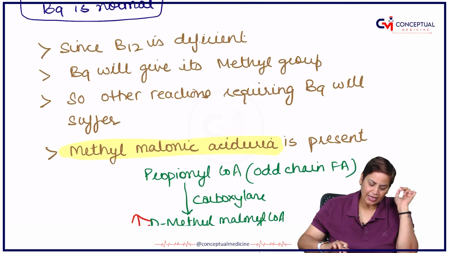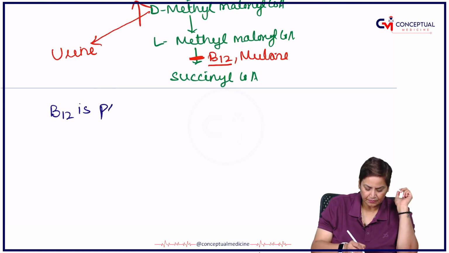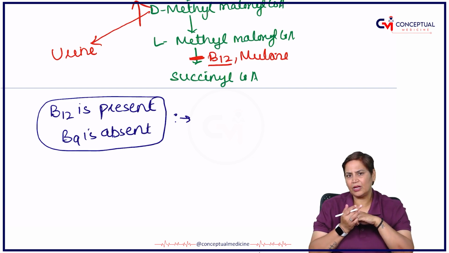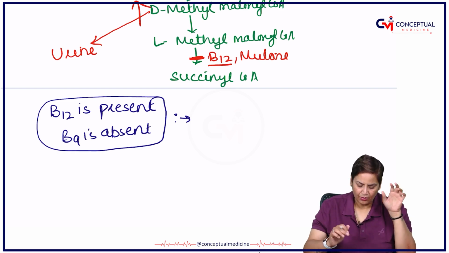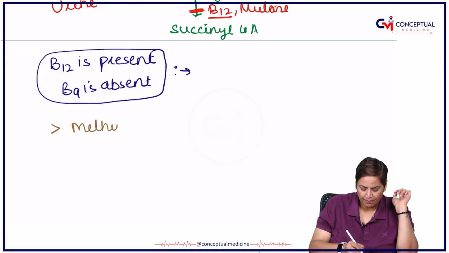And if we talk about the another scenario, if I say that B12 is present, B9 is absent, if this is the case, again homocystinuria will be there, same. Okay, but the only thing here will be how to differentiate. Here methylmalonate levels will be normal.